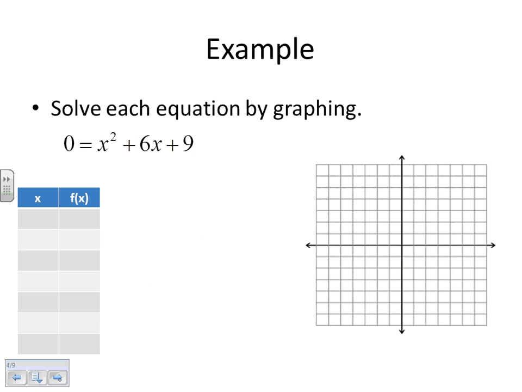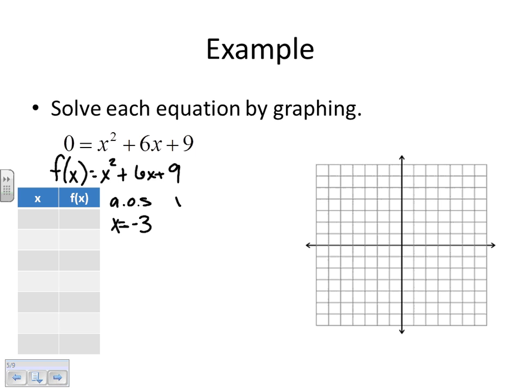All right. So here's our next example of being 0 equals x squared plus 6x plus 9. So we're going to change this to f of x, our related function, x squared plus 6x plus 9. We get our axis of symmetry, figure out negative b over 2a, and we get that to be x equals negative 3.